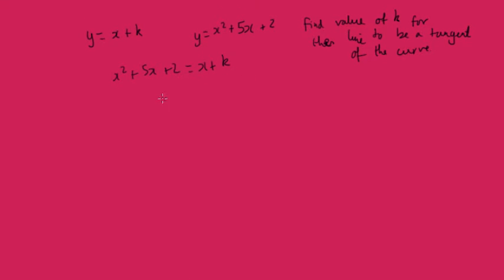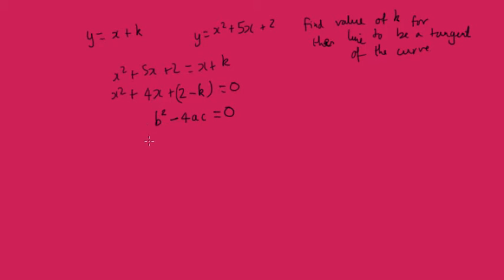Now we're going to bring it over and put it into the standard form of a quadratic equation. So we've got x squared plus 5x minus x will be 4x plus (2 minus k). We'll put this in brackets. That's going to be our c. So when the line is tangent to our quadratic curve, we will have b squared minus 4ac equal to 0.